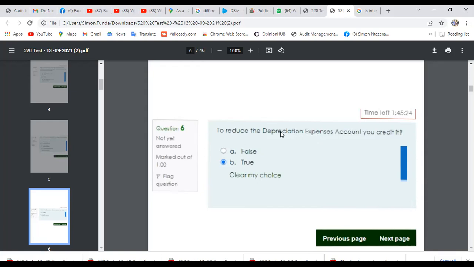So any expense, they have just given an example of depreciation. So if they bring, for example, rent expense, the answer should be the same. Electricity, water, whatever it is. When you are reducing, you credit. When you are increasing, you debit.